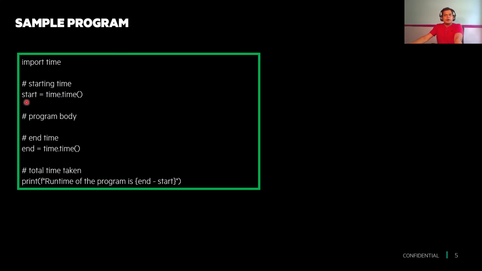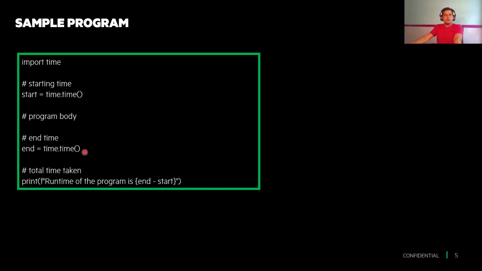Let's simplify how we'll be doing it in Python. As we said, we'll be using the time module, so we are just importing the time module. Start the timer: we are just saying call the time function from the time module, and it is going to return the current time. Then call the program body, whatever Python program we want to execute, and then call the timer again.